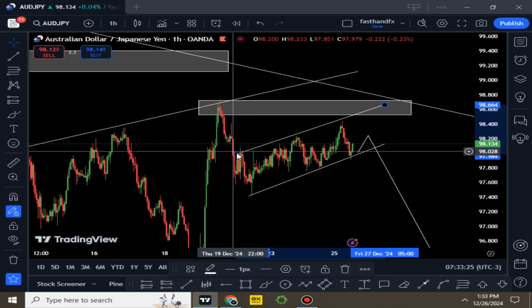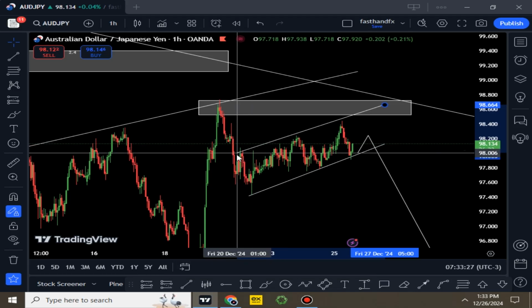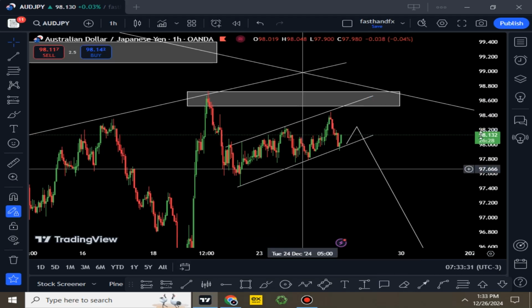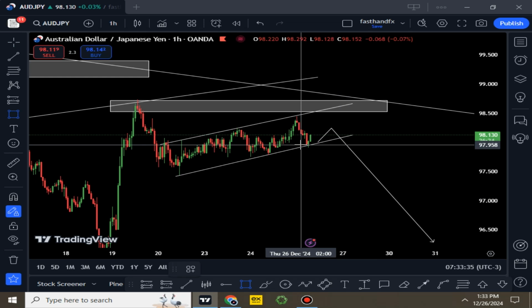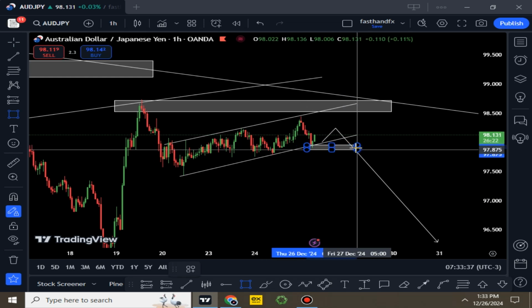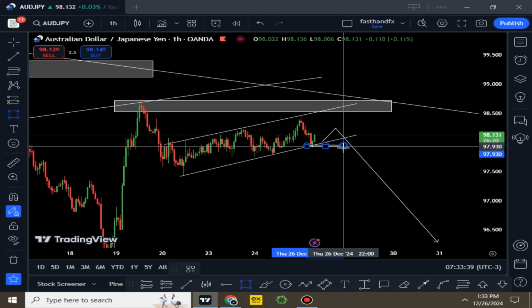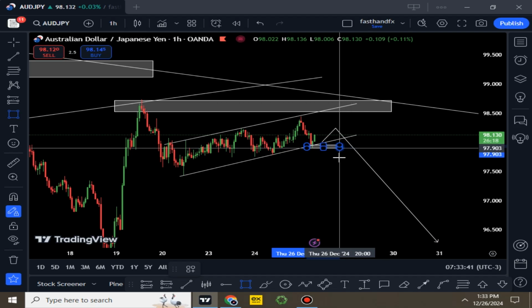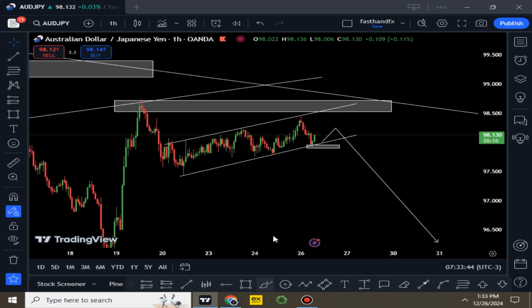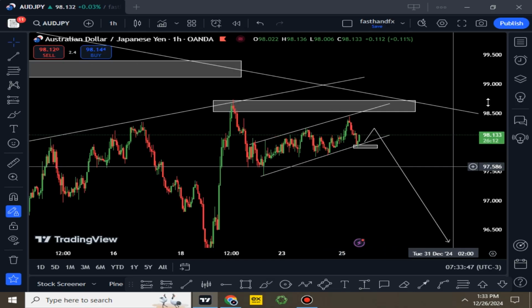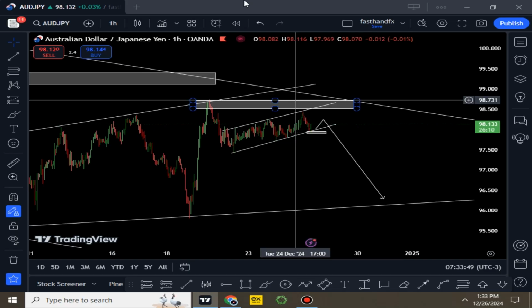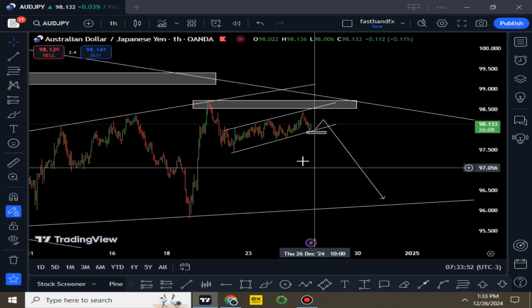Right now all I see is that JPY has created a low right here, and of course we are currently closing at a support. So all we need to understand is the reaction around this level. Once we get our confirmation, that's when we should be looking for selling opportunities.